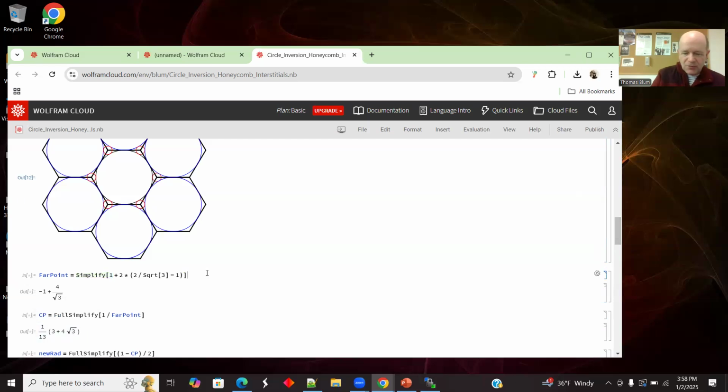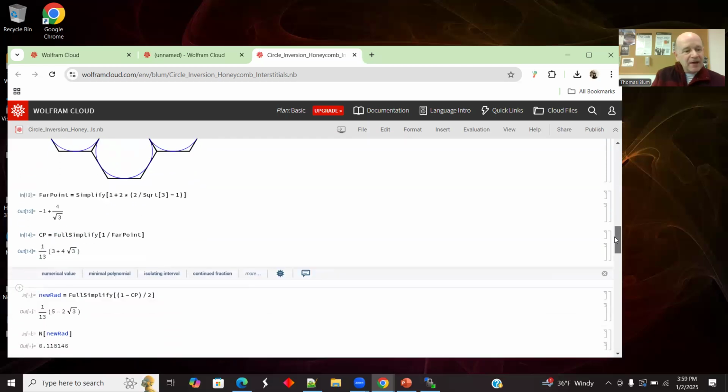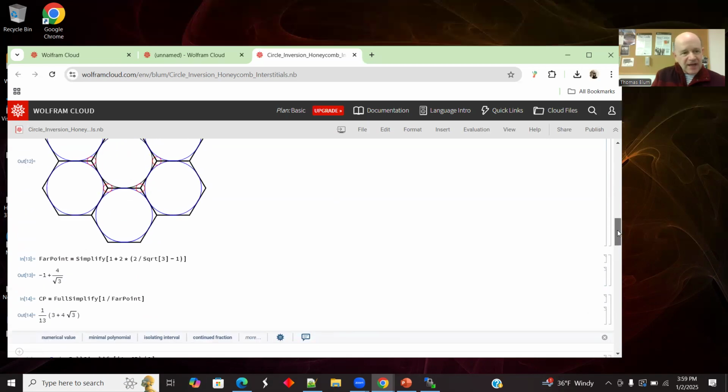So let me enter those. So that's where I got. So that's the far point on the edge of the red circle. Then if I invert that circle, the close point is that point inverted, which is now going to be the closest to my origin. And then I am taking 1, which is the edge.